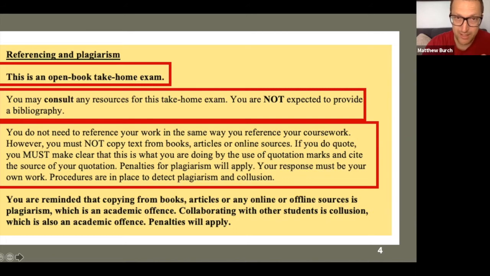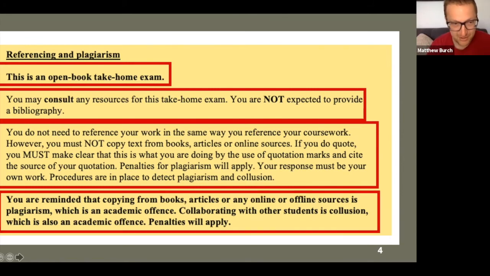So don't do that. If you're taking something from a lecture, from any online source, any book, any source whatsoever, if you're using words that have been put together by another person and you don't put quotation marks around them, you will be charged with plagiarism, because that's what plagiarism is. It's claiming that you wrote something that you didn't write.